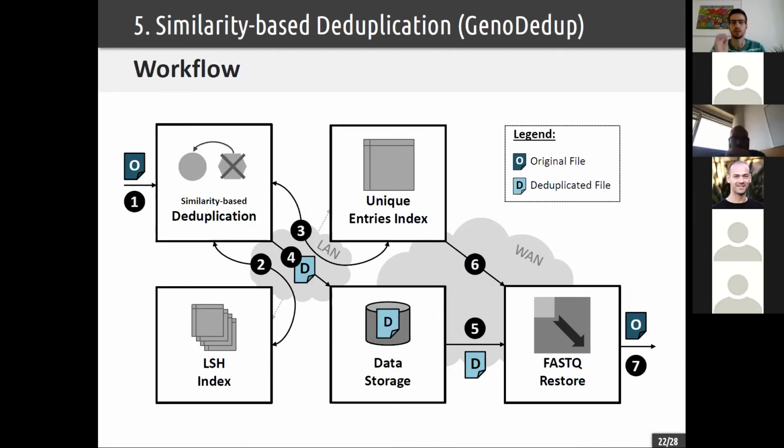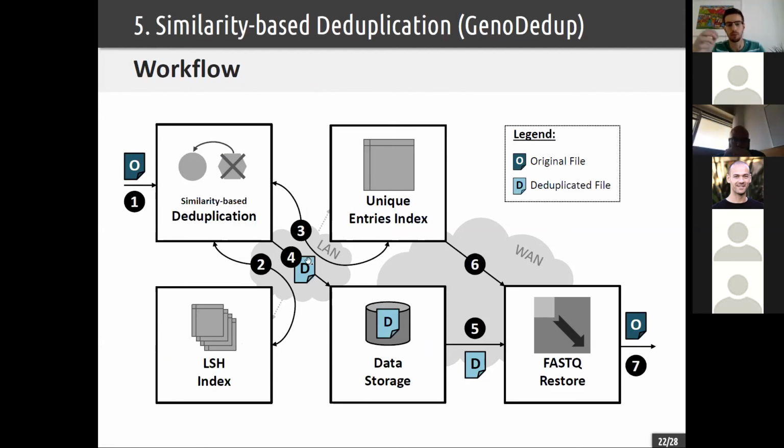So this is basically our workflow. Our algorithm receives the FASTQ entries, separates the file types, and then queries the LSH index, which is also used with a key-value store to retrieve the values.